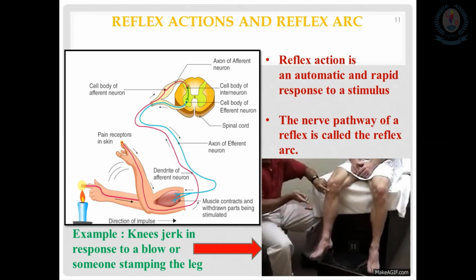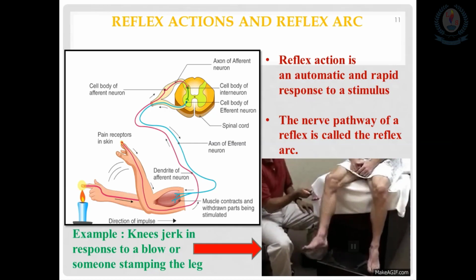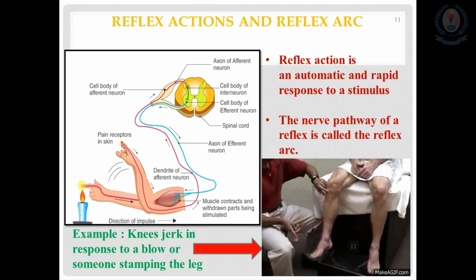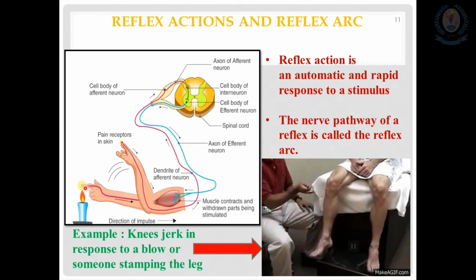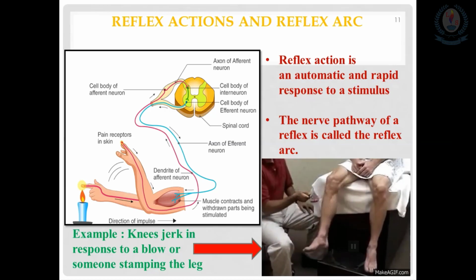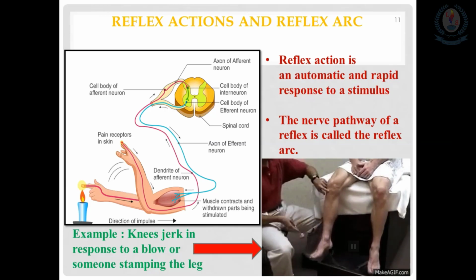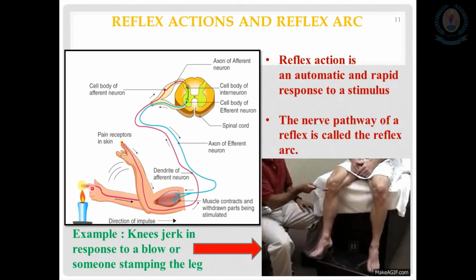The stimulus is heat and the receptor is the pain receptor in the skin. So the stimulus is detected by the pain receptors of the skin, and the electrical impulses now pass from the receptor along the sensory nerves to the central nervous system.